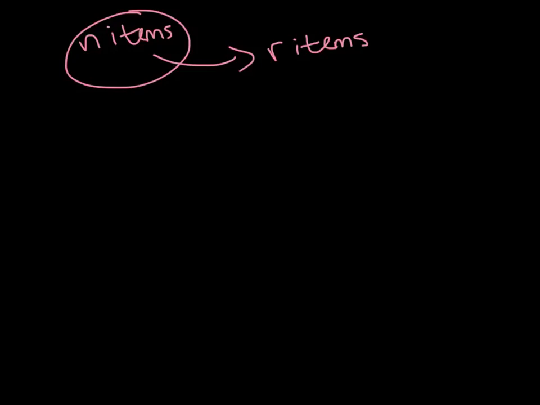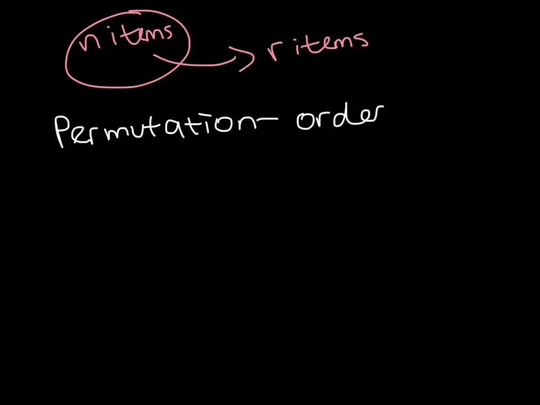So the difference between permutation and combination is that in permutation, order matters. What this means is that inside this group of r items, you distinguish between the first person chosen, the second, etc. In other words, within the group of r items, you make distinctions between them.